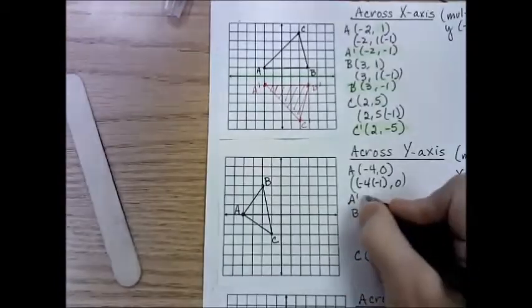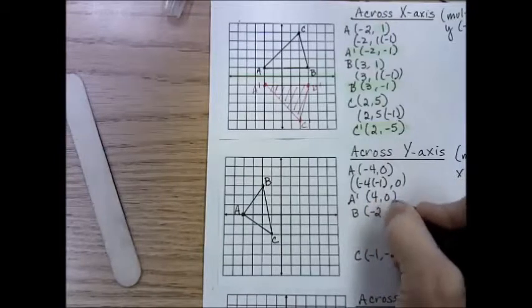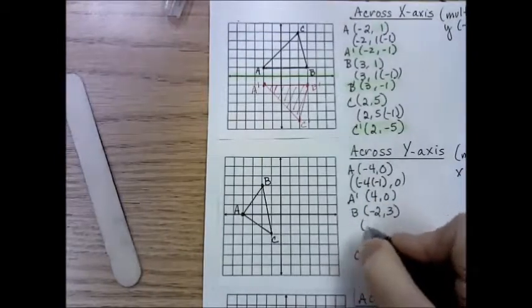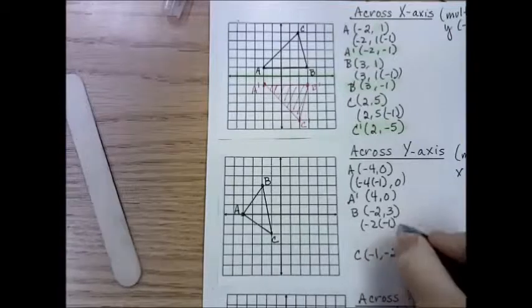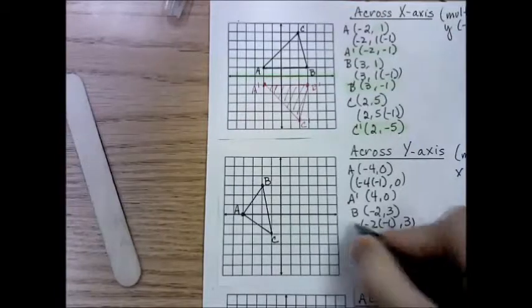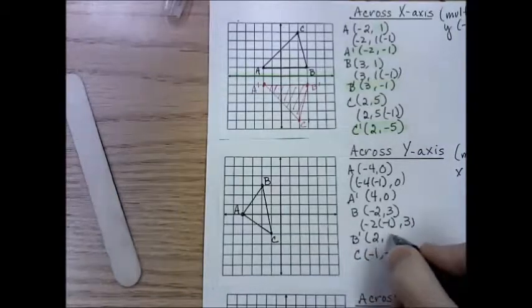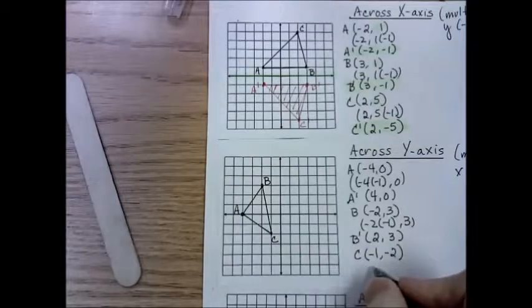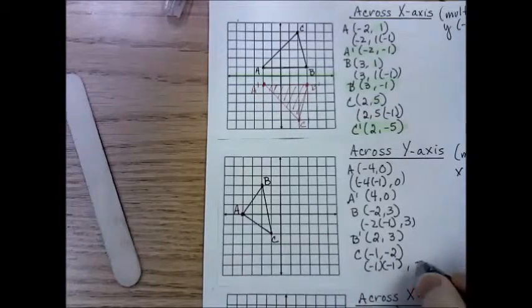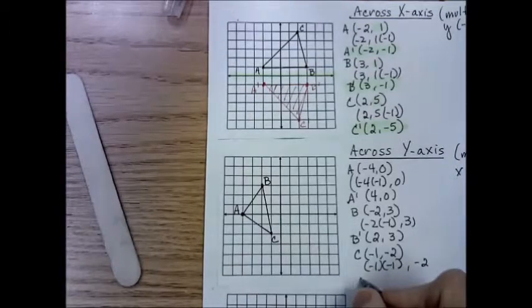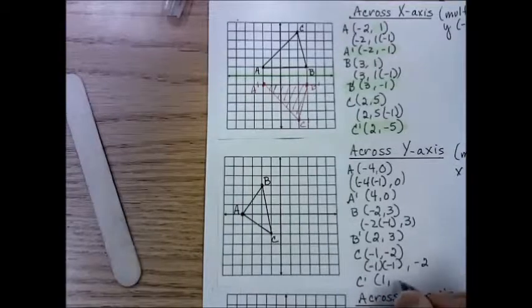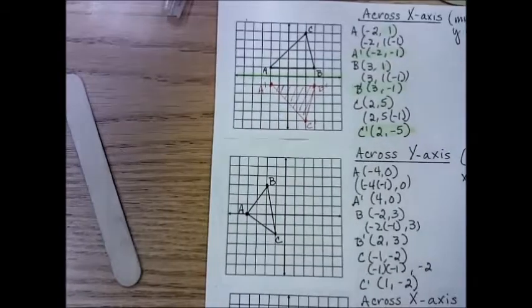So A prime would be 4, 0. Here we would do -2 times -1, and 3 stays the same. So B prime would now be 2, 3. Here we would do -1 times -1, and then we just have negative 2. So C prime would be positive 1, negative 2.